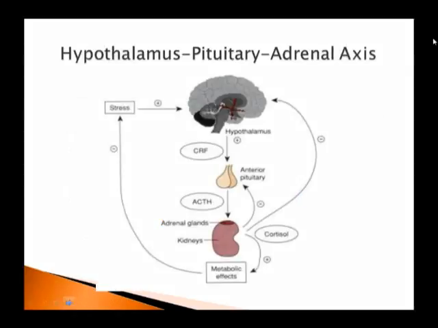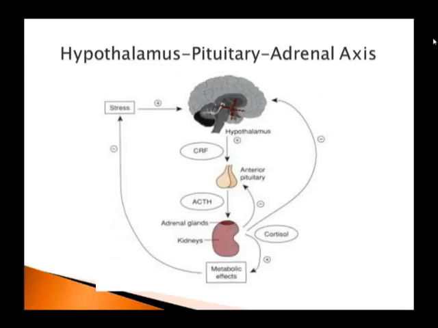Now, to extend this conversation about cortisol, we have to have somewhat of a concept of how all these systems link up. There's a system called the HPA axis, the hypothalamus-pituitary-adrenal axis. Our brain contains a structure called the hypothalamus.